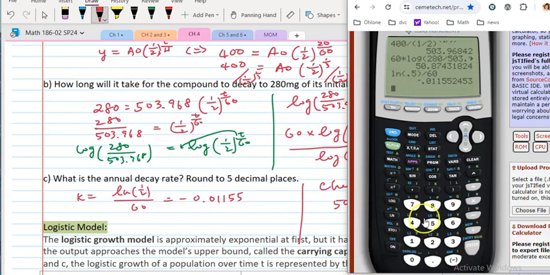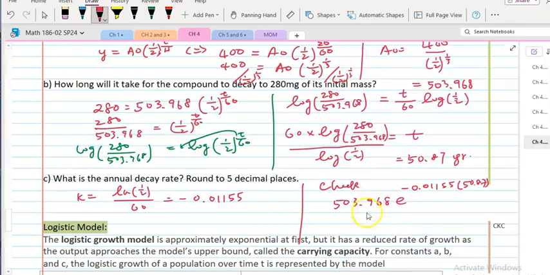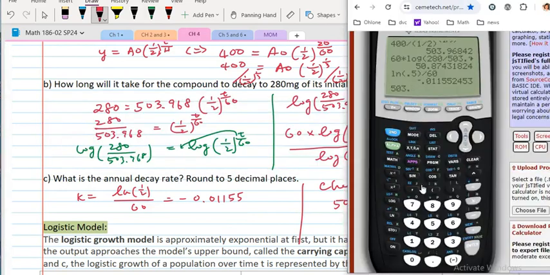So 503.968 times e to the power negative 0.01155 times how many years? 50.87. You should have 280.